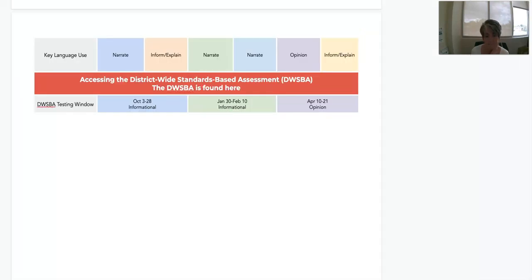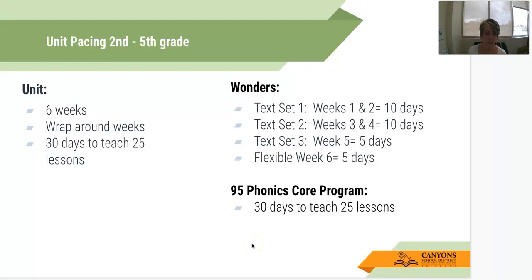And here is what that looks like that I was just talking to you about. So you'll see that there is a key language use that is for students who lack language, and then that district-wide standards-based assessment and how that will be aligned with those text types here and what those dates are. Let's talk about the unit pacing then that you will have.